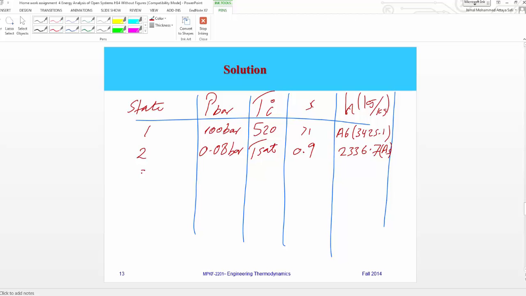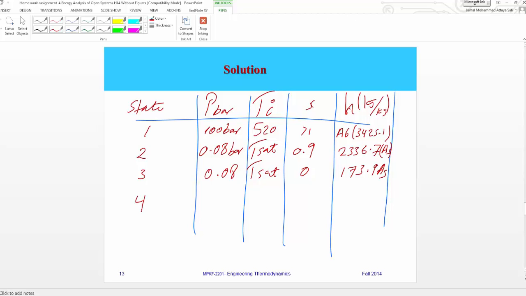And then for state 3 you have again 0.08 bar, and that is T saturated. It doesn't have any meaning actually; it's here because it's compressed liquid. That is 173.9, table A5.